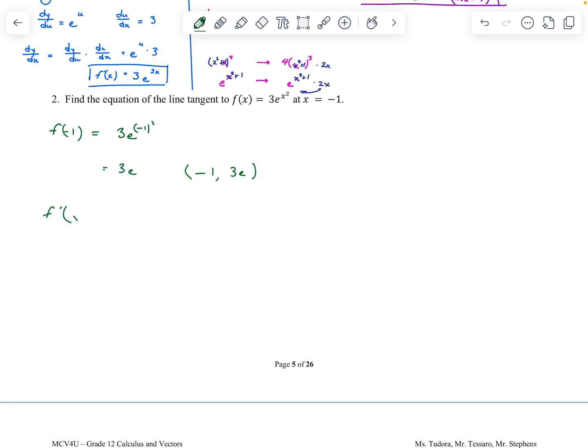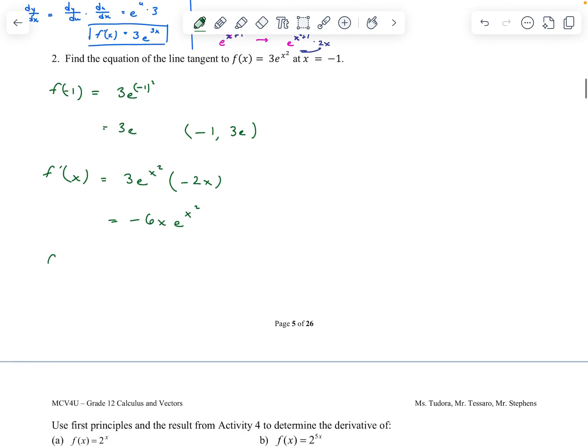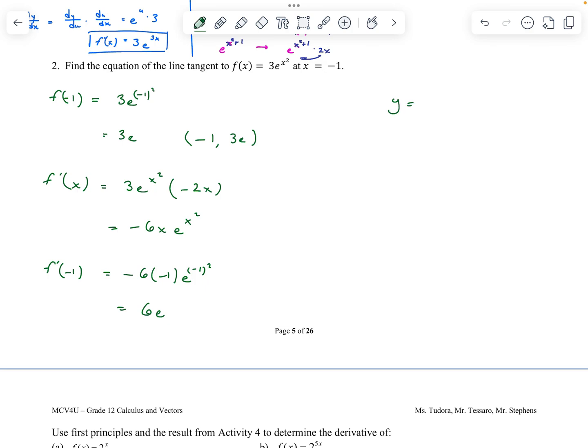The derivative is 3e to the u times du dx. The slope at negative 1 is negative 6 times negative 1 times e to the negative 1 squared, which is 6e. y equals mx plus b. The y value is 3e.